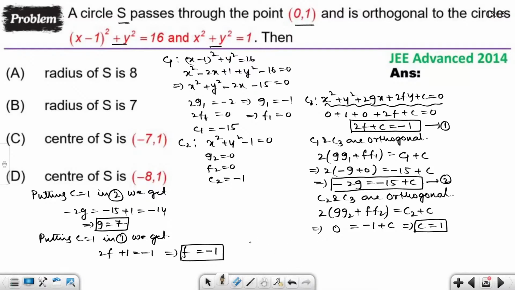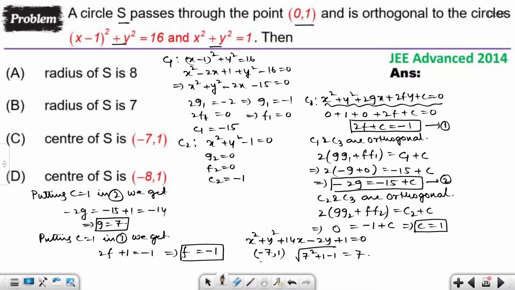Therefore, the equation of the required circle is x square plus y square plus 14x minus 2y plus 1 equals 0. Therefore, its center is at (minus 7, 1) and its radius will be root over 7 square plus 1 minus 1, so that gives us 7.